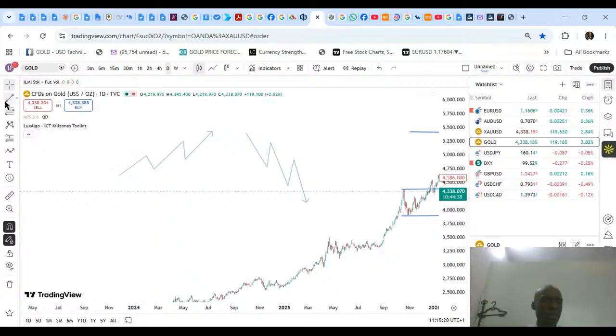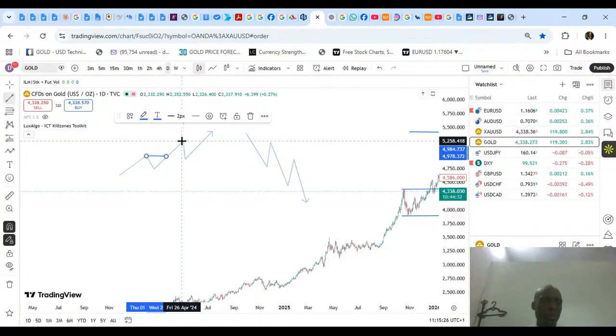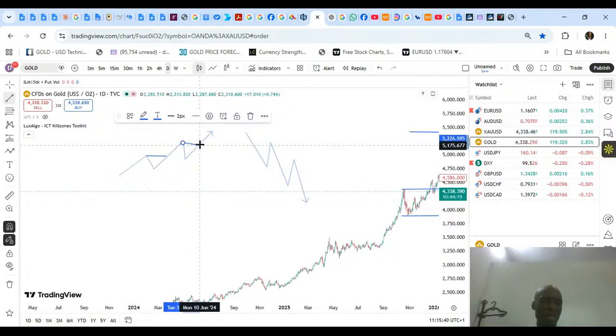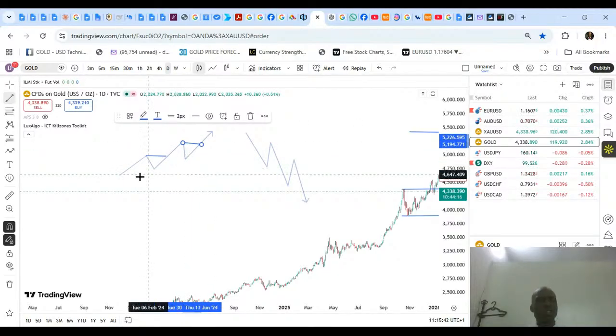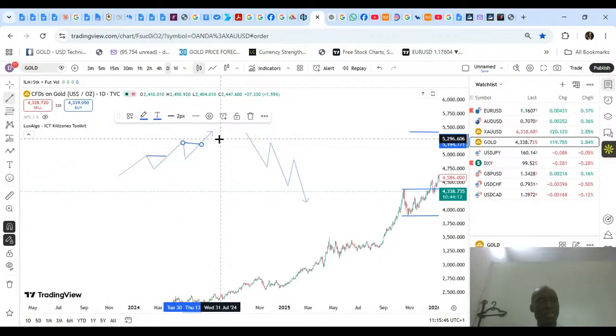It breaks the structure and creates a new high, making it a higher high. And then it pulls back, makes a higher low. It doesn't go back to the previous level. Then again, it breaks the structure and creates a new high. So when we see the market moving in this pattern, we say it is in an uptrend.